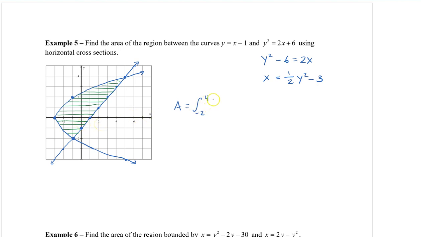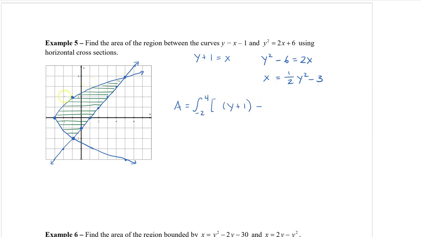All right, so then we have our right side, which is the line. Now remember that we have to rewrite our expressions so that they are in terms of y. So we can see that this one is not yet. So we need to move the 1 over. So now we have y plus 1 is equal to x. So therefore, my right side is going to be y plus 1.